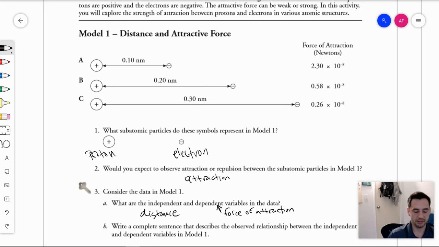We can often tell that because the change in distance is consistent. This is always 0.1 nanometers. It's always increasing by 0.1, whereas the force of attraction is changing a little bit differently each time. Typically, if we're changing something, we want to change it at a consistent rate. So that's how we know it's the independent variable.